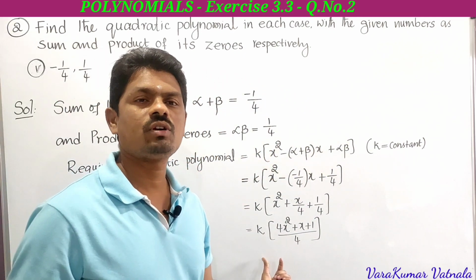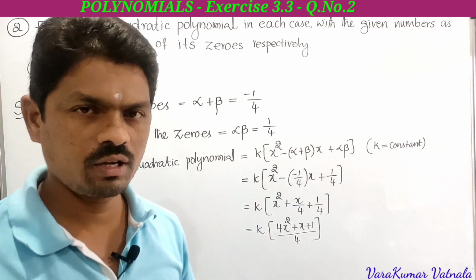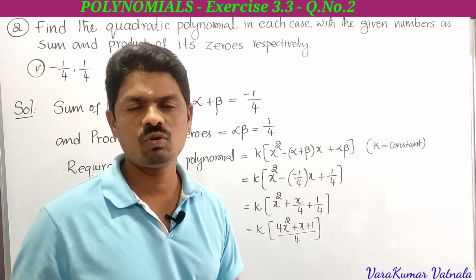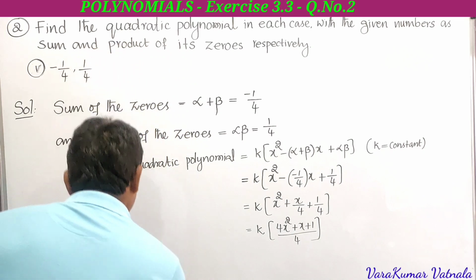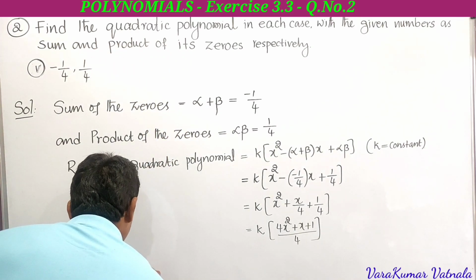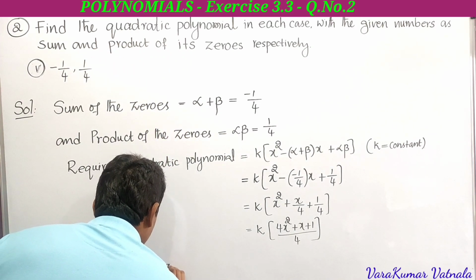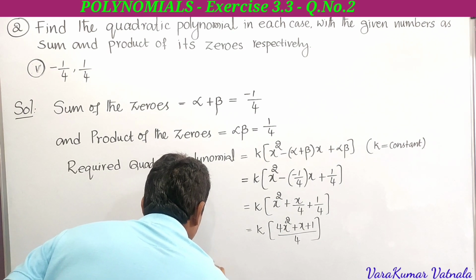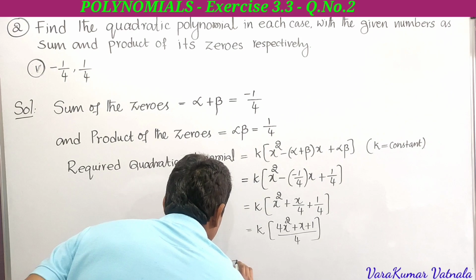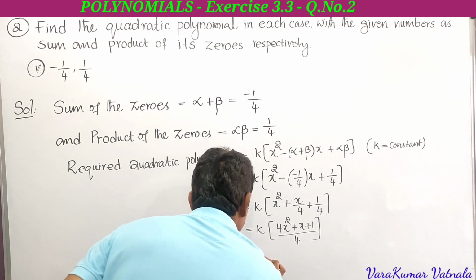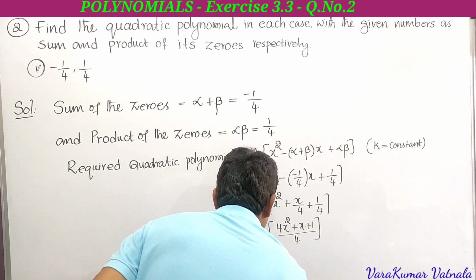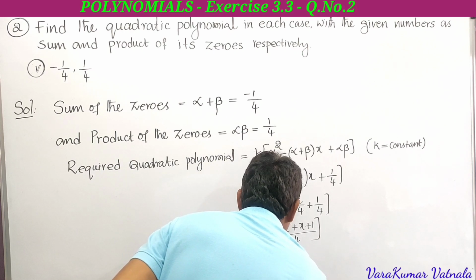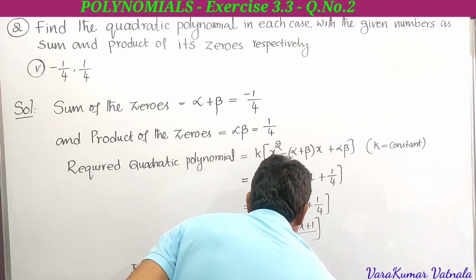For different values of k we can get different quadratic polynomials. Since the denominator is 4, I am substituting k is equal to 4. So if k is equal to 4, then the quadratic polynomial is equal to 4 into 4x square plus x plus 1 divided by 4.